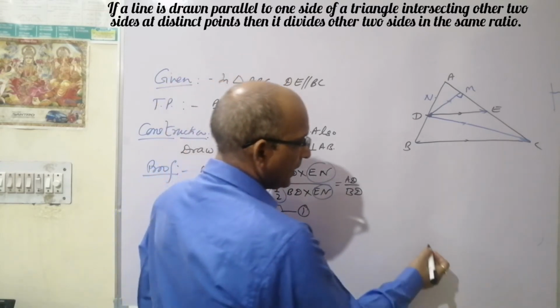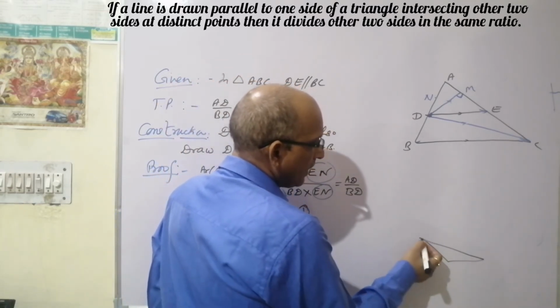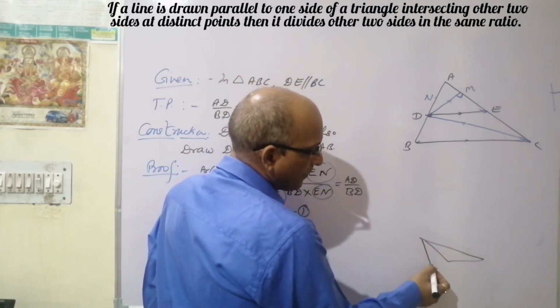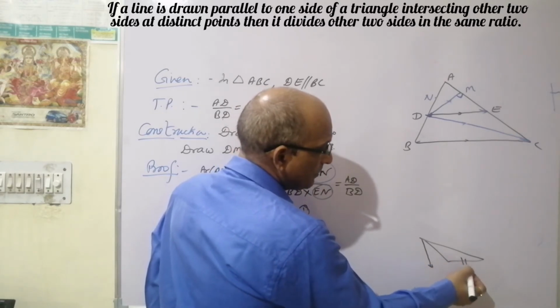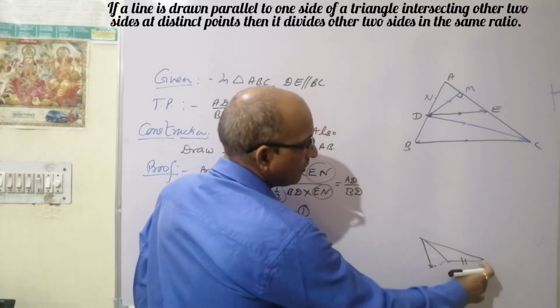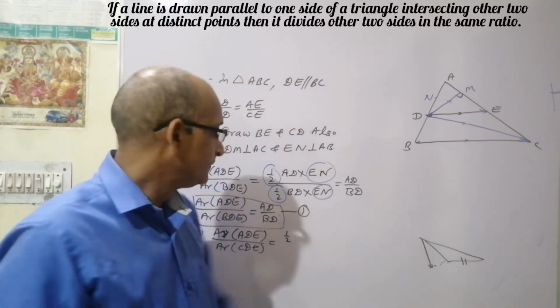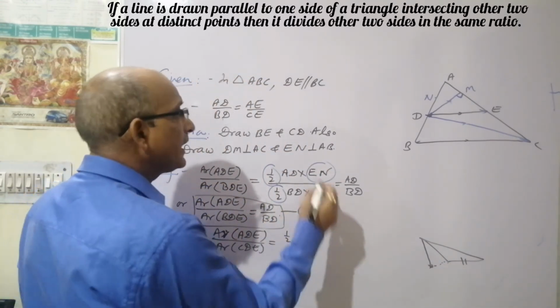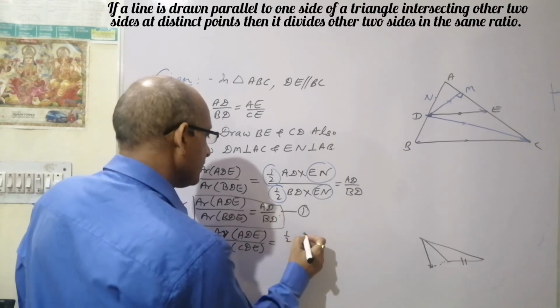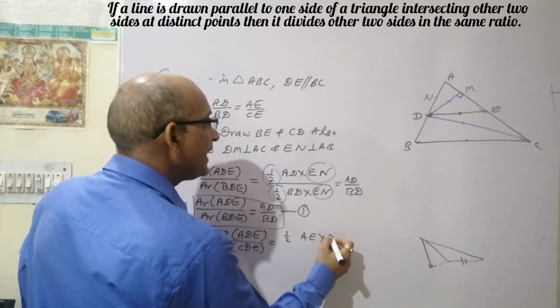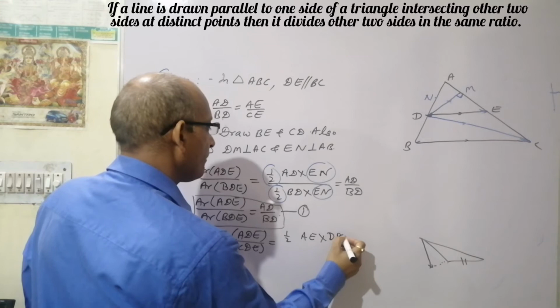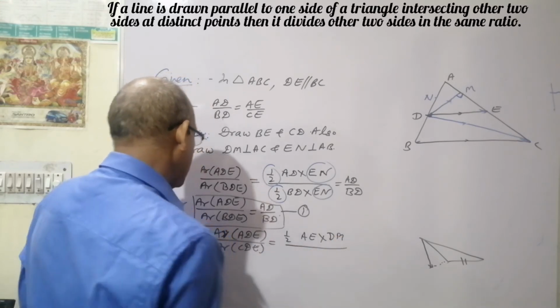Like I have told here, if this is the base and we are dropping a perpendicular over here, then this line will be the base and this will be the corresponding height. So we'll get here half into, for ADE what is the base? AE, into height DM.